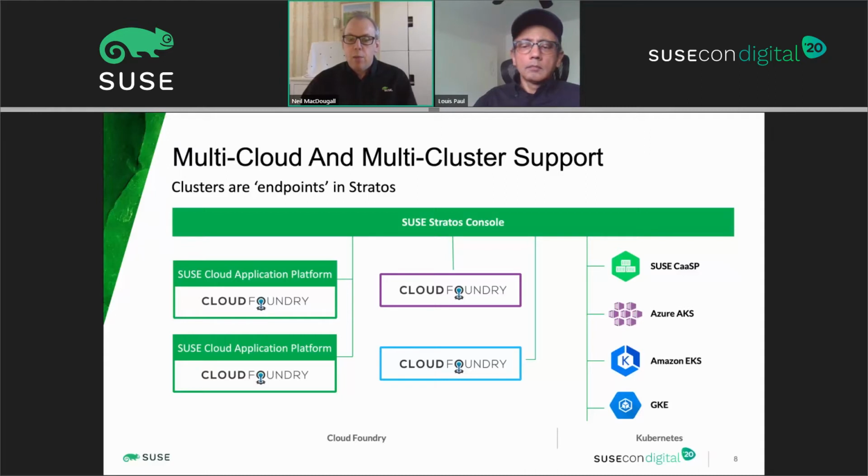And equally, we could be managing SUSE's container platform, or we could be managing a public cloud Kubernetes cluster, such as deployed in AWS, Azure, Google Cloud. And Stratos really makes it easy to manage multiple clusters deployed across multiple cloud providers, as well as on-premise deployments through one single user interface.